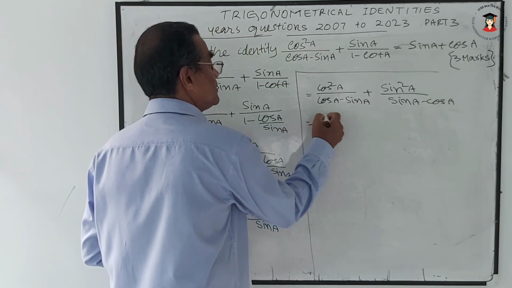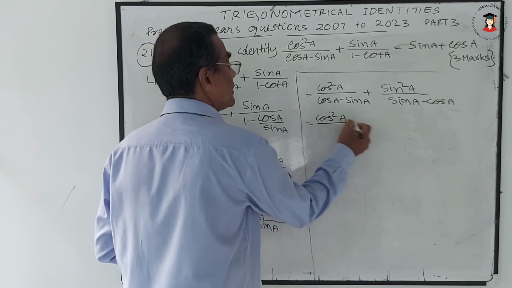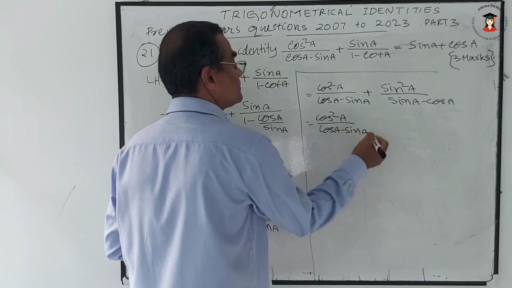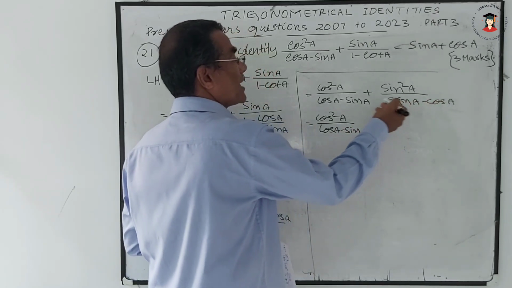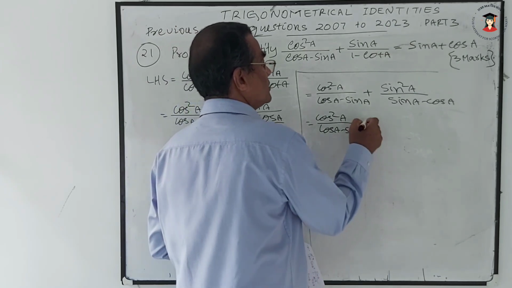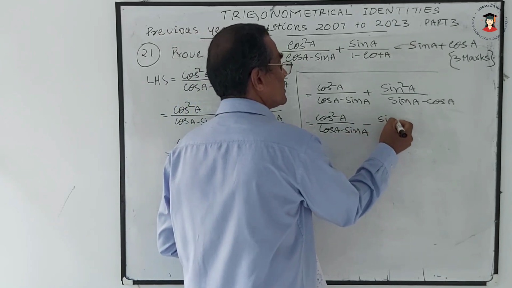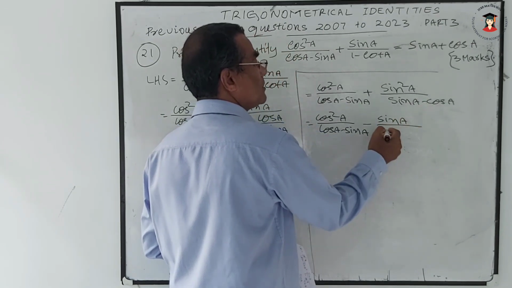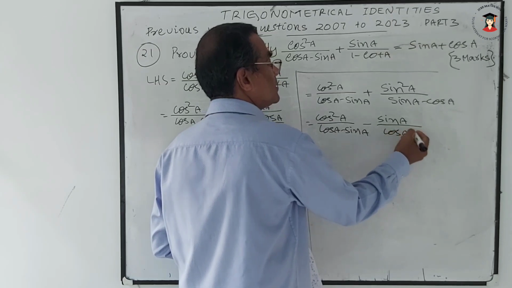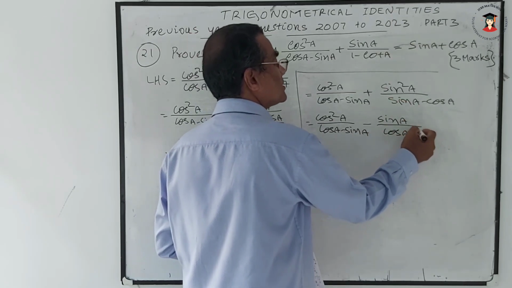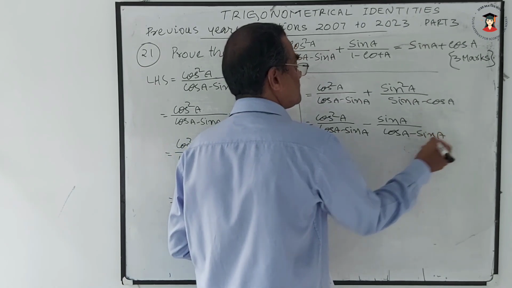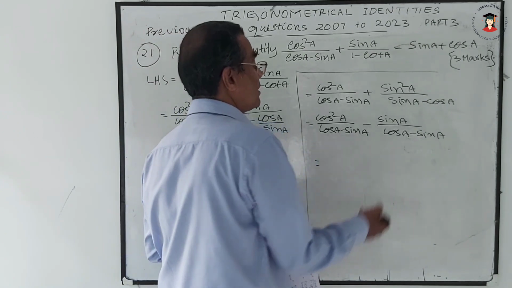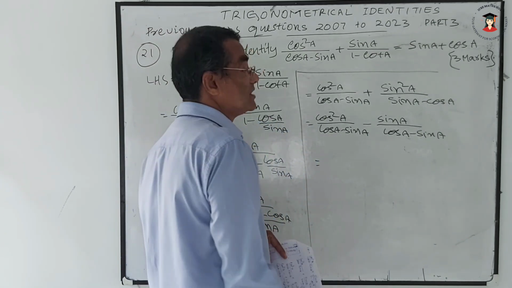Equal to cos square A divided by cos A minus sin A. I am taking a minus sign outside, so this will become minus sin square A. When I take the minus sign outside, this minus cos A will become plus cos A, and positive sin A will become minus sin A. I converted it so that now I can have the same denominators for these fractions.